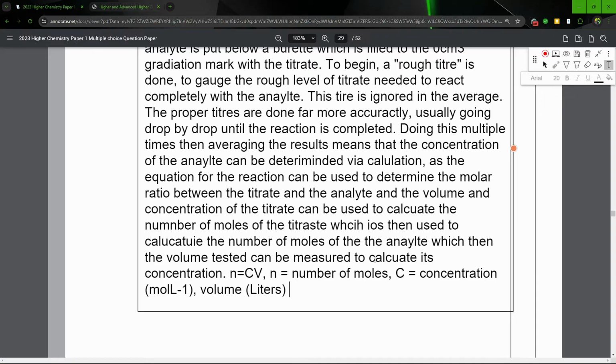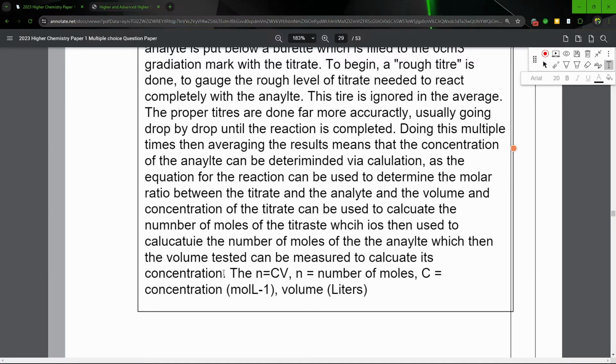I think we've almost done. I think I'll just talk about volumetric flasks. The analyte.